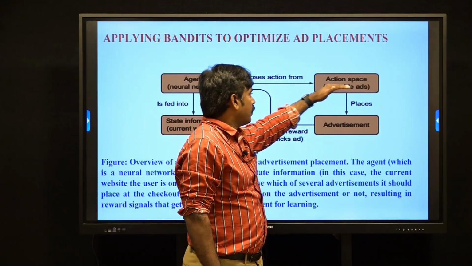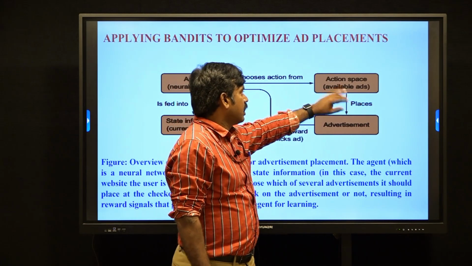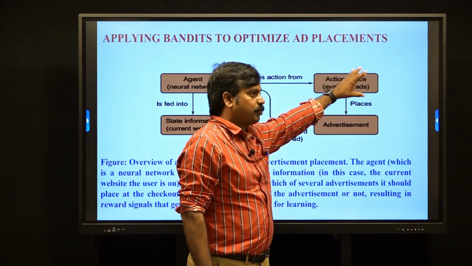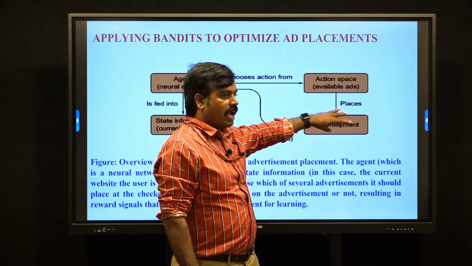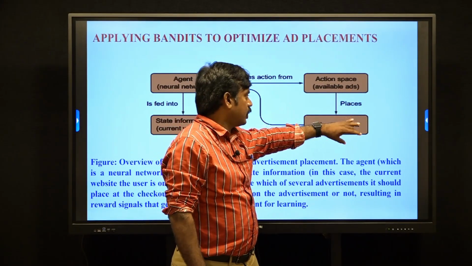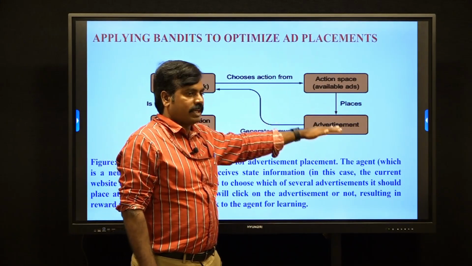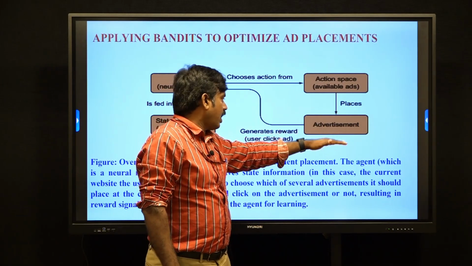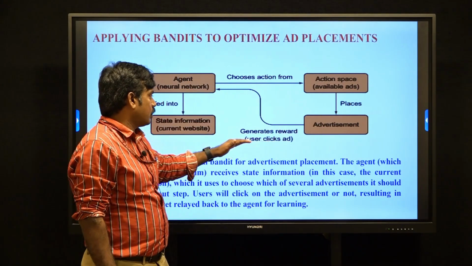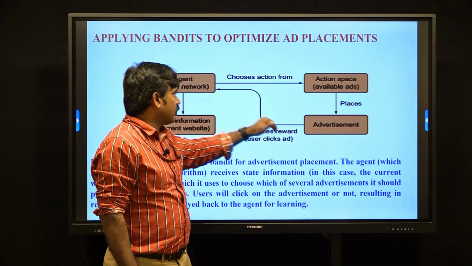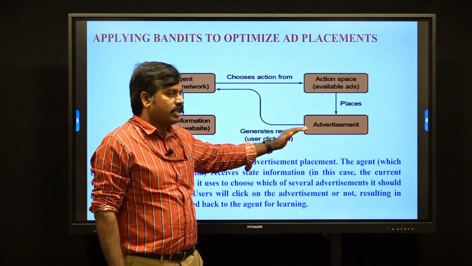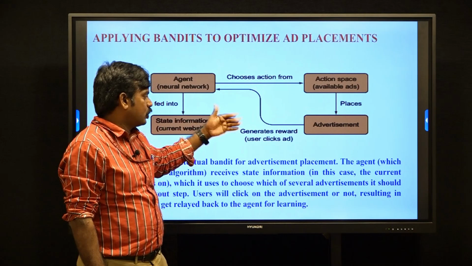The available ads are the action space. From the available ads, the agent places the advertisement. After placing the advertisement, user clicks generate the rewards. If the user clicks on the ad, it gives a positive reward. If not, it gives a negative reward or 0.